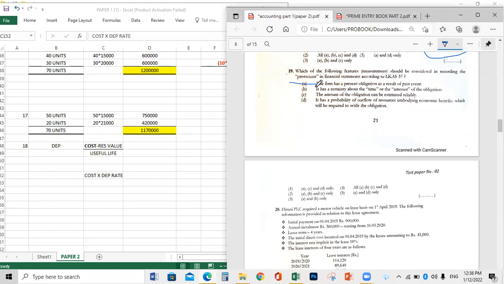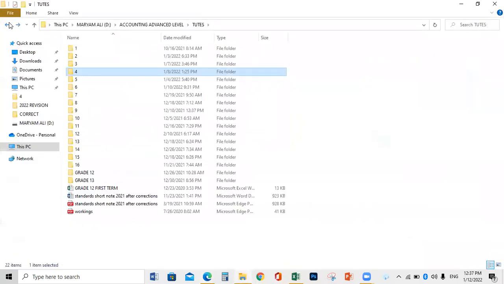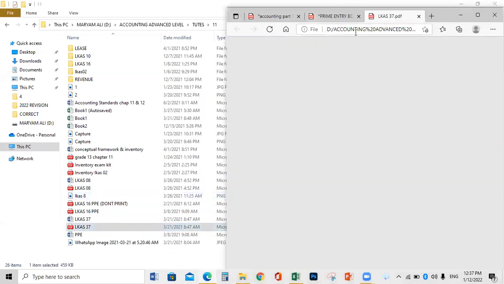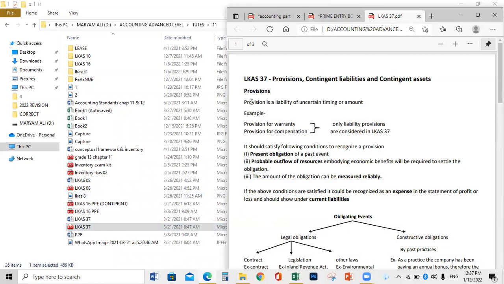It has a certainty about the time or the amount of the obligation. Correct or wrong? Guys, if I was to show you the definition in the provision chapter, a provision is a liability which is uncertain of timing and amount.